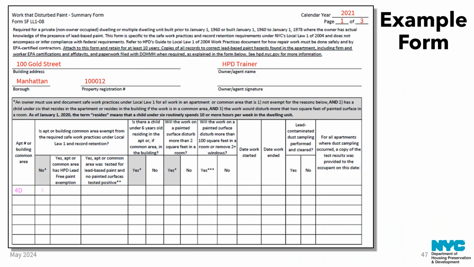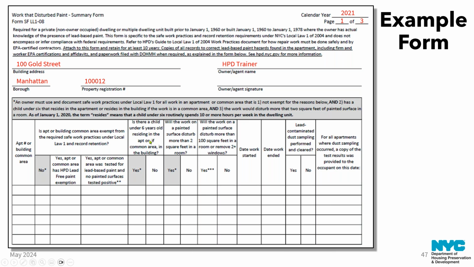Here is our form for safe work practices that we provide. And you can see that there are a lot of helpful instructions as to additional things to attach. There's an area to list the area where work was done, some questions to establish whether safe work practices are required to be used in that area, and then questions about whether Local Law 1 applies.